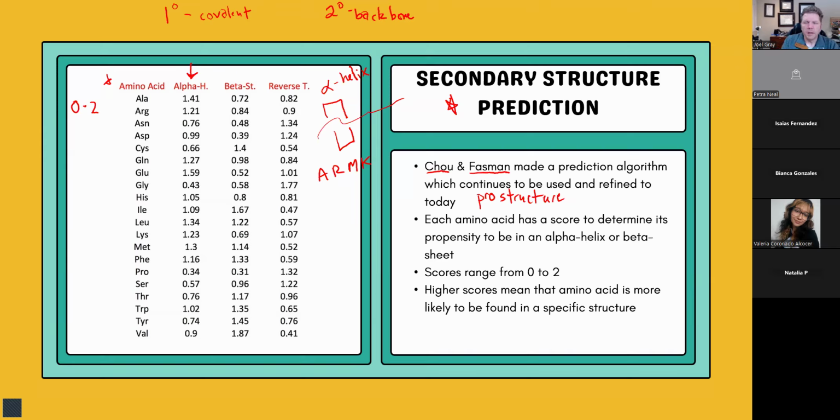So Michael said R for arginine. Yeah, with a score of greater than 1, it has a greater likelihood of being found in an alpha helix, especially if you compare arginine's alpha helix score and its beta strand score. I got a private message of A for alanine. Yeah, absolutely.